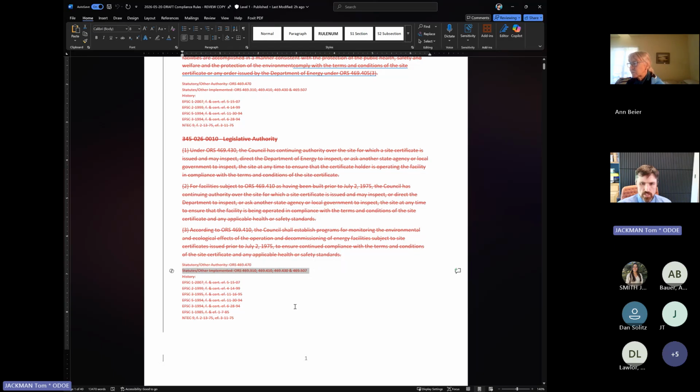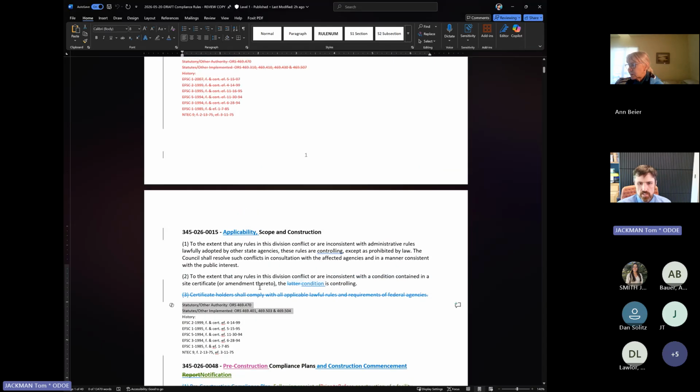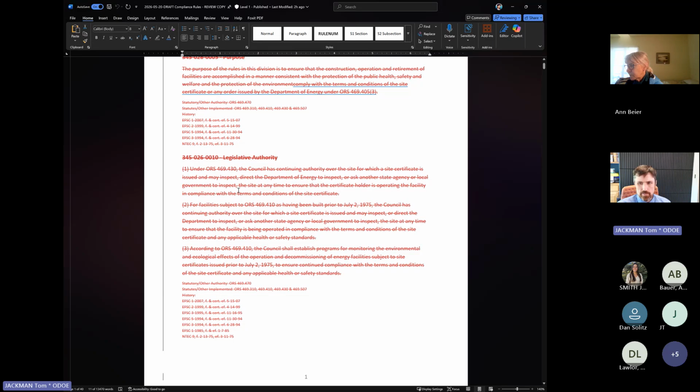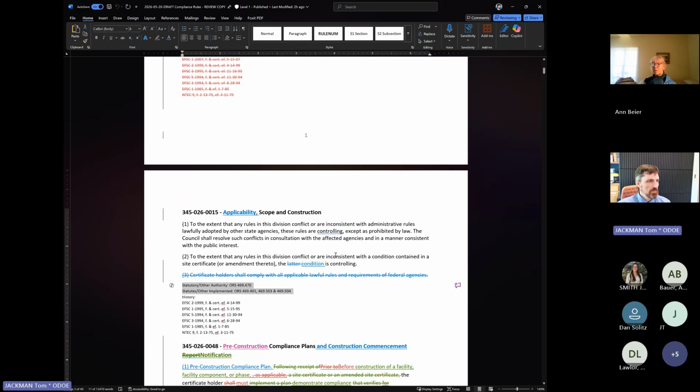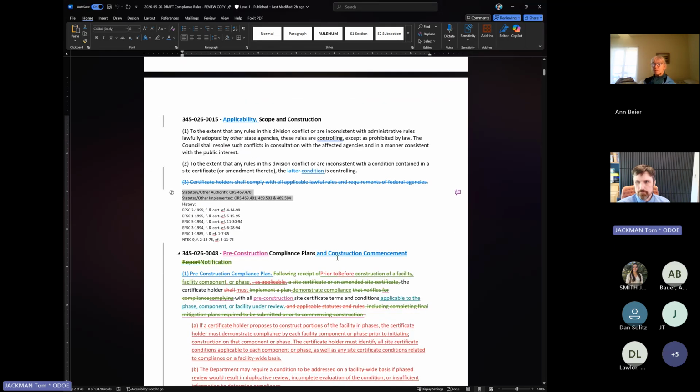So if people are wondering what the basis for this rule is, they can go to these statutes and read them to see if the scope is in line with it. This is sort of a legacy thing that used to be done in more rules, and it also had some stuff related to the timing of site certificates. That's 1975. This is not relevant anymore. So any questions about those two suggested deletions? I'm guessing there's not going to be too much controversy on that.